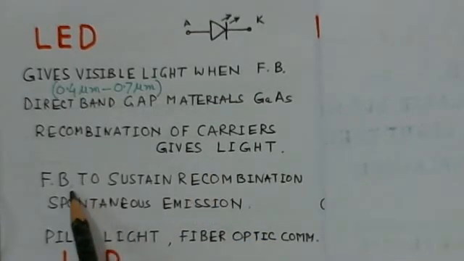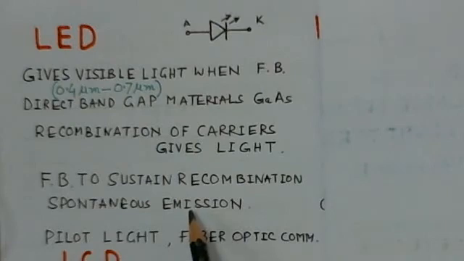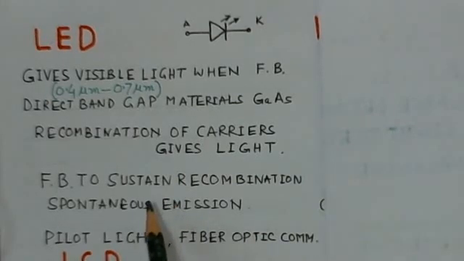But these diodes have to be forward biased to sustain the recombination, and then only they can work continuously to give light. So there is a spontaneous emission.